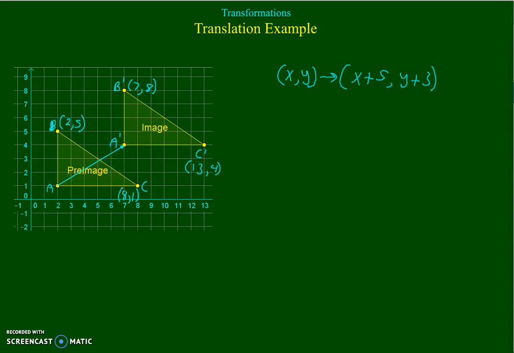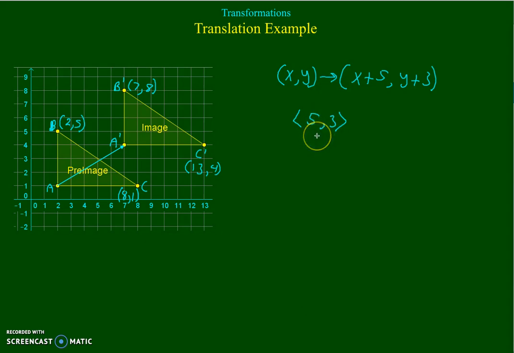So to write our vector then, we have 5, 3. So that would be the vector notation for this transformation. The horizontal component is 5, the vertical component is 3. We're moving horizontally 5 and vertically 3. So that's the basics of how to do a translation using transformation notation and vector notation.